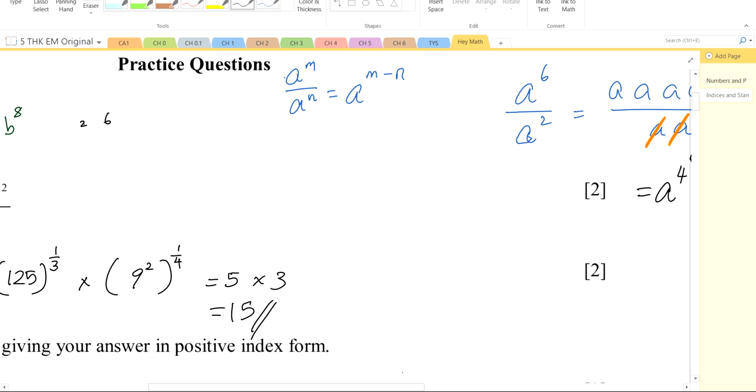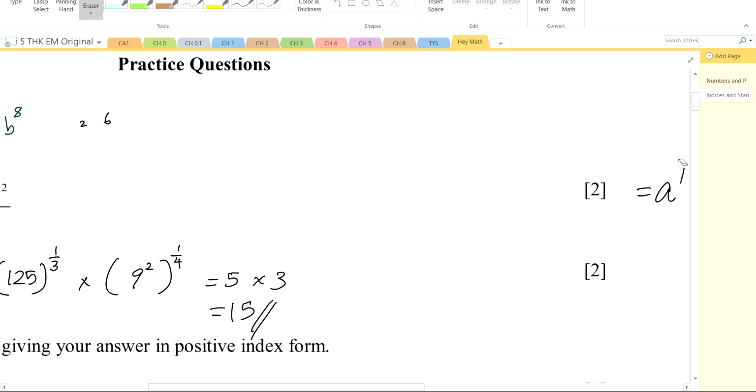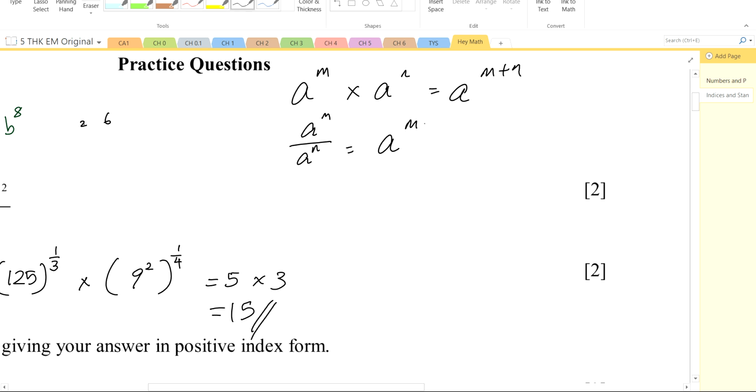So, as a recap, I'll state down some of the laws over here. A to the power m times a to the power n, a power m plus n. A power m over a power n is a power m minus n. A power m power n, a power mn.